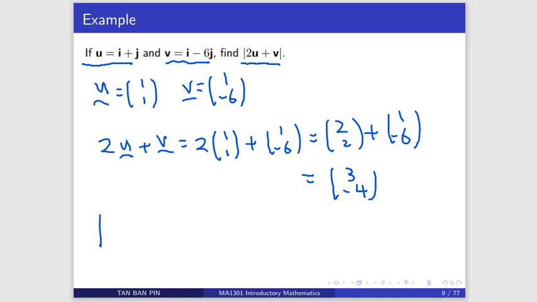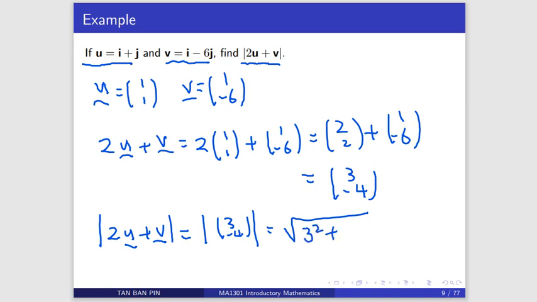So the magnitude of 2u plus v is just the magnitude of the vector 3, minus 4, which is the square root of 3 squared plus minus 4 squared. So it gives you the square root of 9 plus 16.